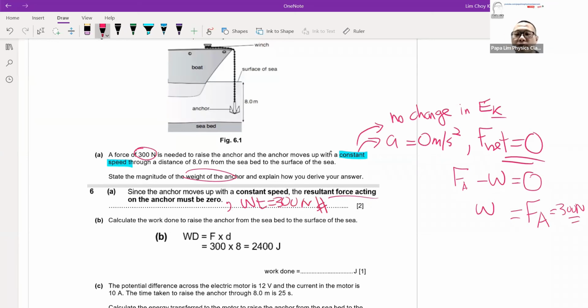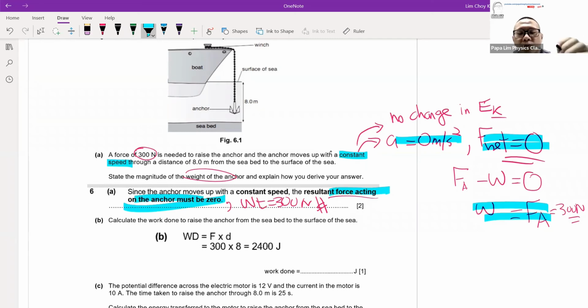And why do I know that? Like I mentioned to you, because I know a constant speed means a equals 0 meters per second squared, I know the net force is 0, and from there I will know that these two numbers are the same. So like I mentioned before, these are the keywords that you must mention. Do I want to mention that the weight and the applied force are the same?